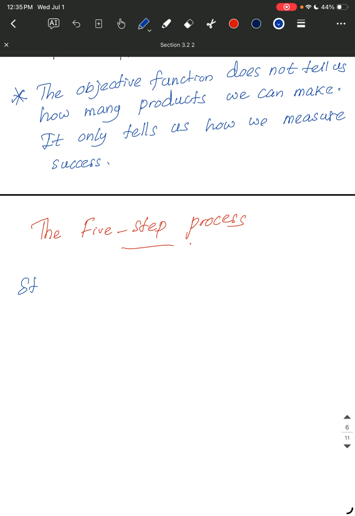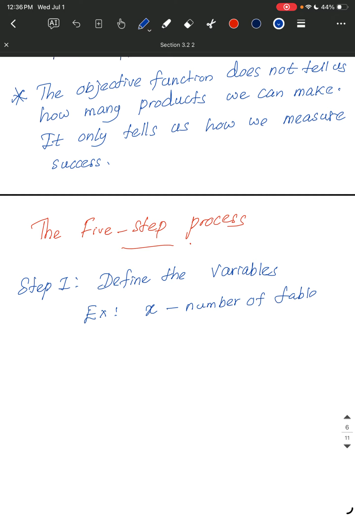Step 1, define the variables. For example, x number of tables, y number of chairs, according to the given word problem.